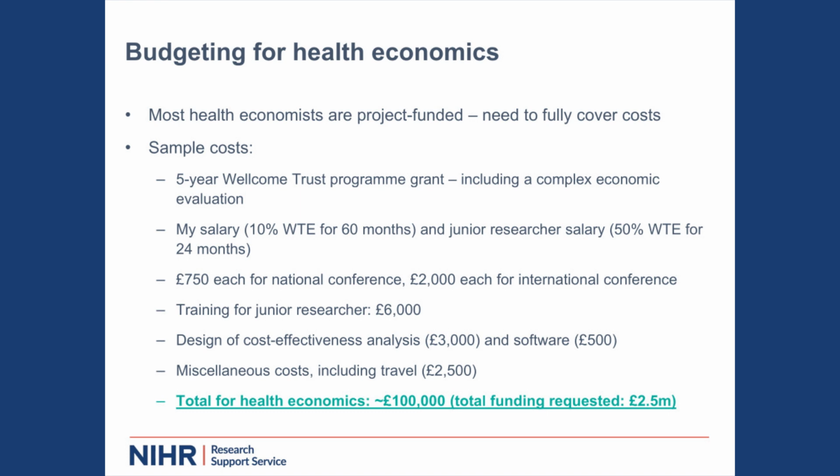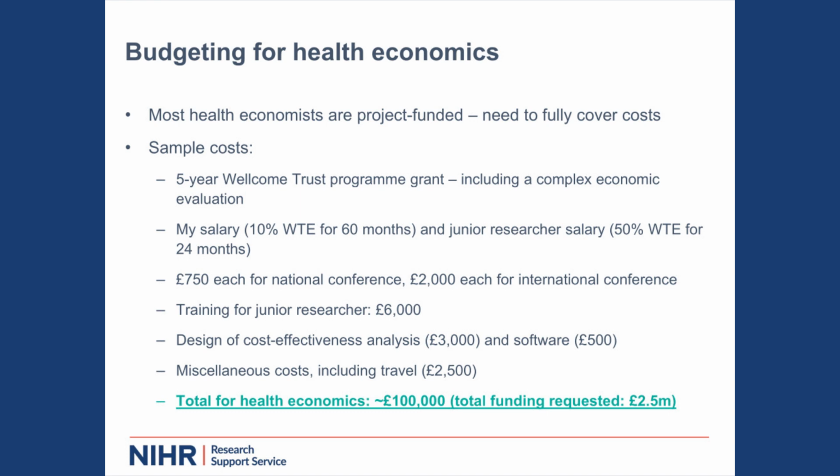So for example, if I was conducting a 5-year Wellcome Trust programme grant, which included a fairly significant economic evaluation, I might typically include my salary at 10% whole-time equivalent for the duration of the study, so for the 60 months, and then a junior researcher to work alongside me, perhaps for 50% of their time for 2 years.